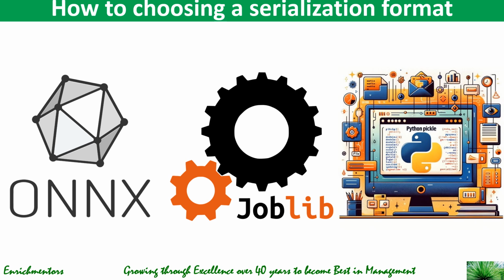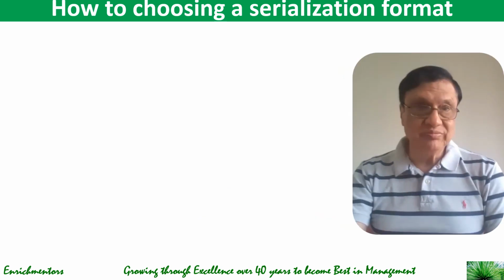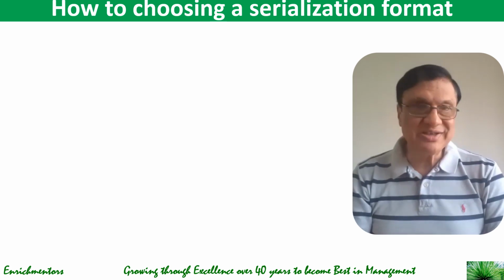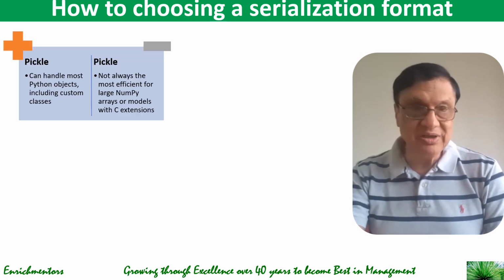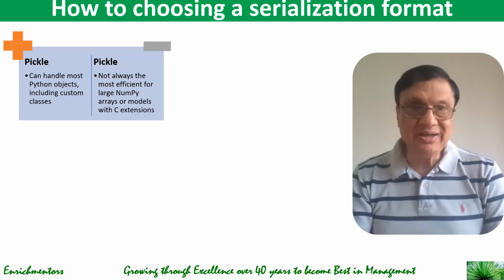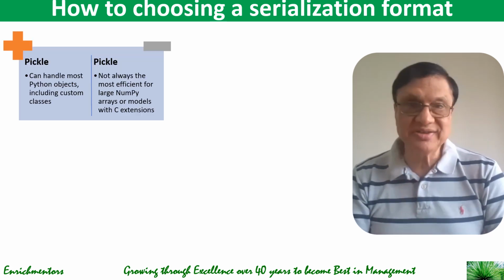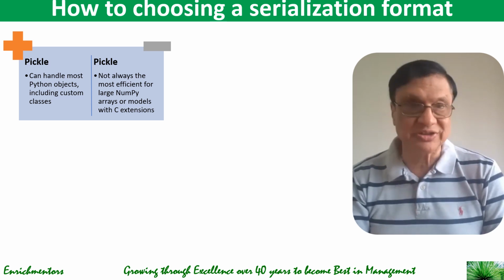The question is, which one to choose? How do you choose the serialization format? Should it be ONNX, Joblib, or Python Pickle? Each of these formats has advantages, disadvantages, and use cases. Pickle is a standard Python library for serializing and deserializing Python objects.